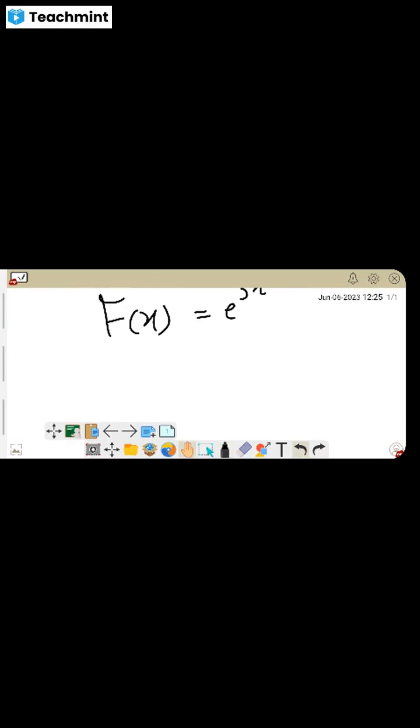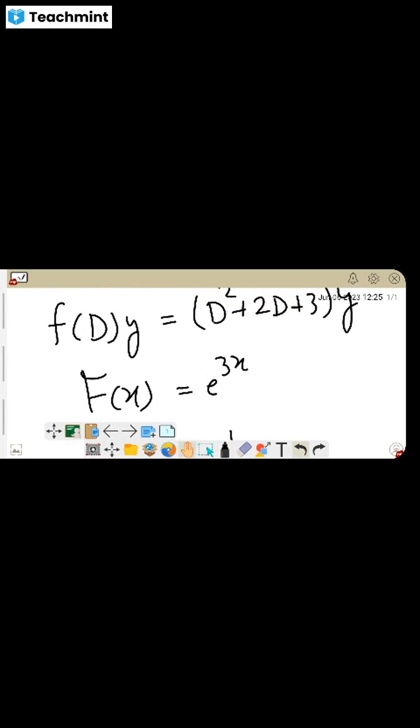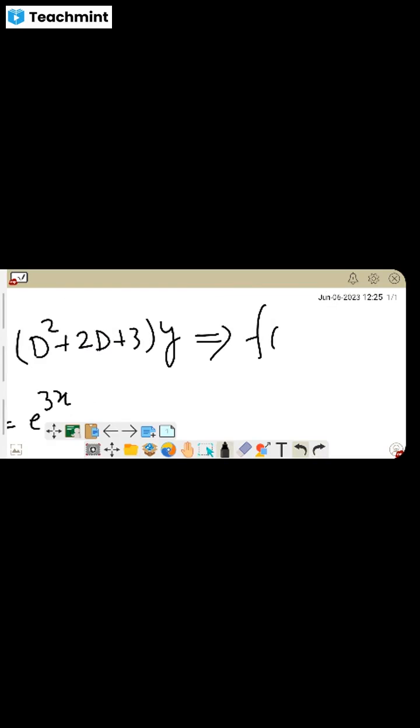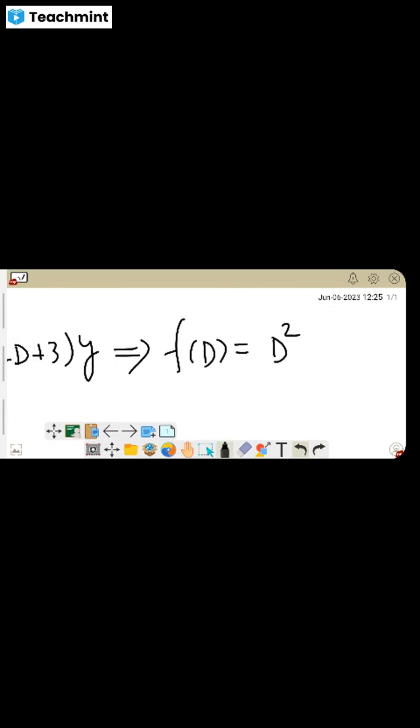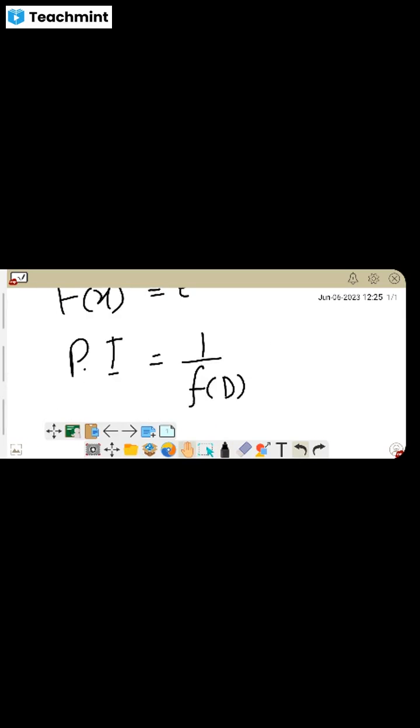Now we need to find PI. We'll write it as 1 upon f(D). This portion is f(D), or we can write f(D) is equal to D square plus 2D plus 3, into e to the power 3x.